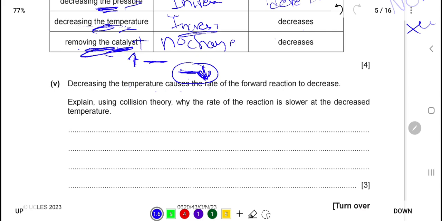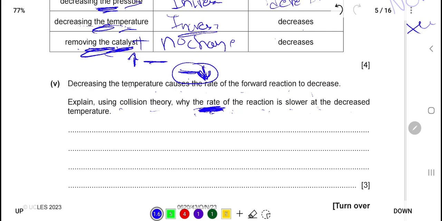Decreasing the temperature causes the rate of forward reaction to decrease. That's right. Explain using theory why the rate changes. When they say rate, you only talk about the general knowledge of whether it decreases or increases. The reaction is slower at the decreased temperature. Why?